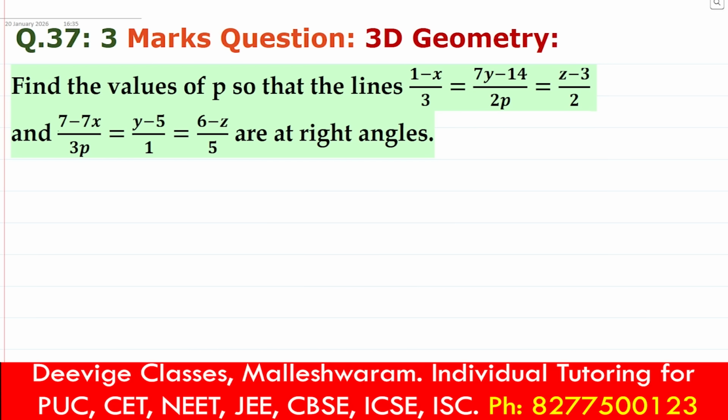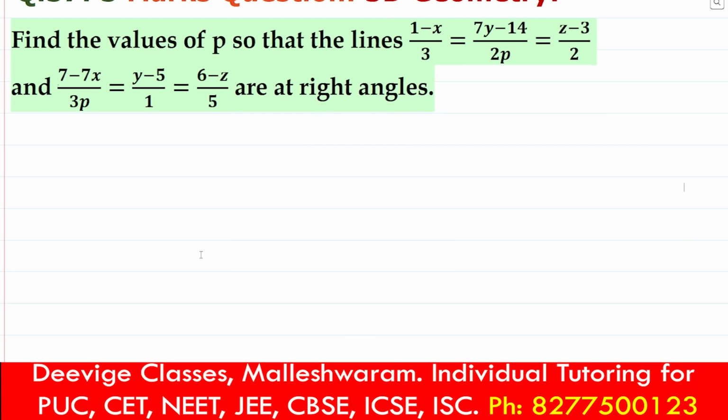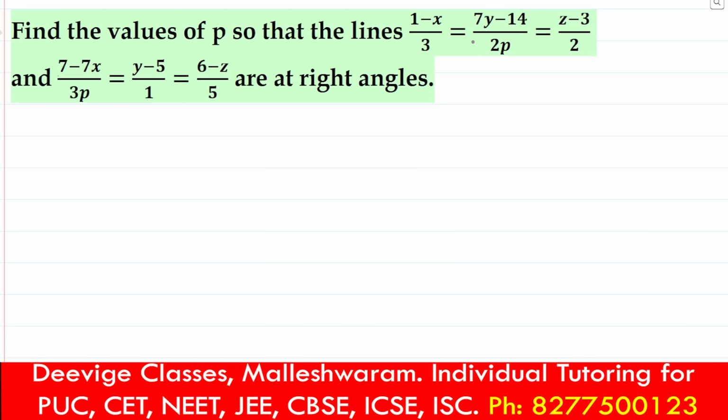First observe the lines. The lines are (1 minus x) by 3 is equal to (7y minus 14) by 2p is equal to (z minus 3) by 2. But the general form of the line equation is (x minus x1) by a is equal to (y minus y1) by b is equal to (z minus z1) by c. So first we have to write the general equation of the line.